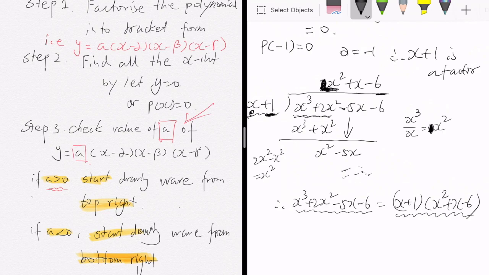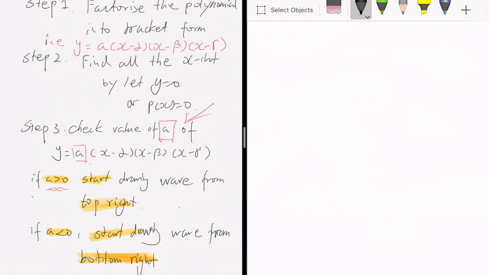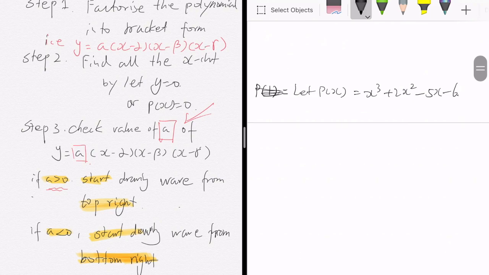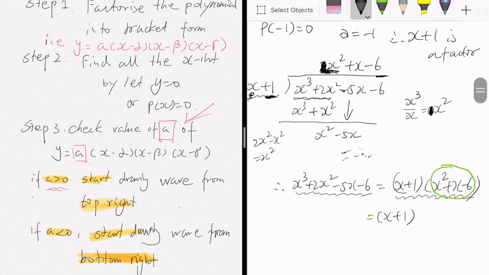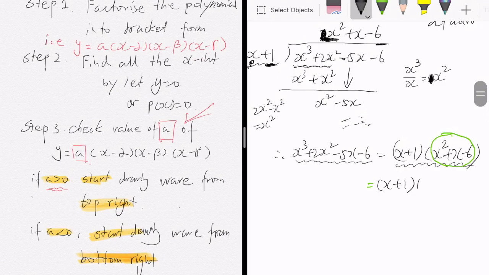However, this quadratic can be further factorized. Eventually you have x minus 2 and x plus 3. You will get this by using the grouping method or other methods that you can find.